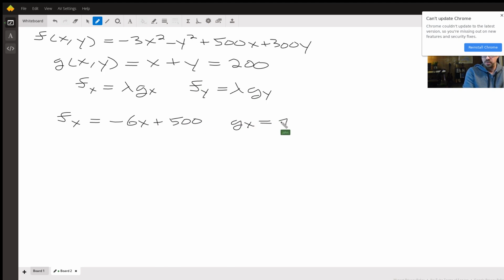It's just x plus y, so that's just 1. Do the same thing for y. The partial derivative of f with respect to y is negative 2y plus 300, right? This is kind of Calc 1 type stuff. This is for Calc 3. This is pretty easy. And g sub y, the same thing, 1. And then our third equation is just that x plus y equals 200.